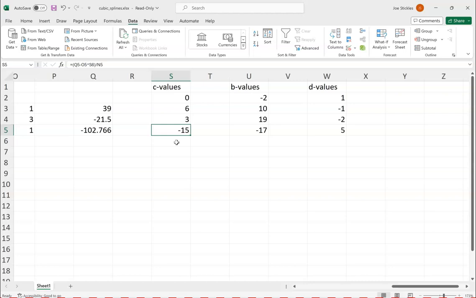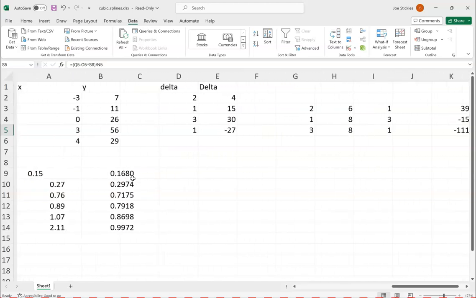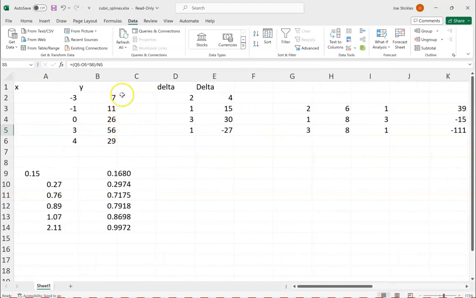All right, so notice that the coefficients don't quite match, but remember that the way we came up with the coefficients for this was what? Those coefficients are in powers of x minus the left endpoint of each interval, right? Okay. So going back here to the original, notice our first y value is a 7, right?